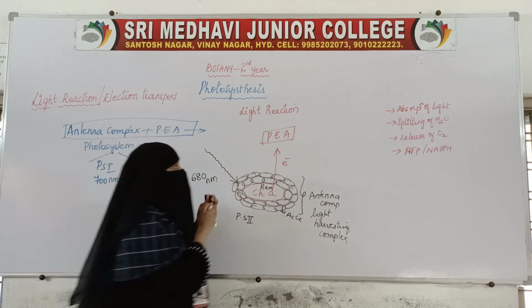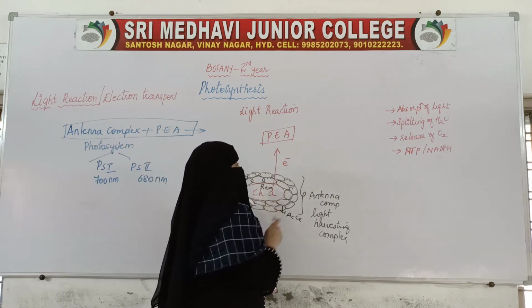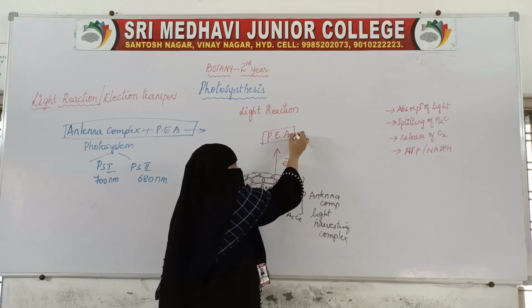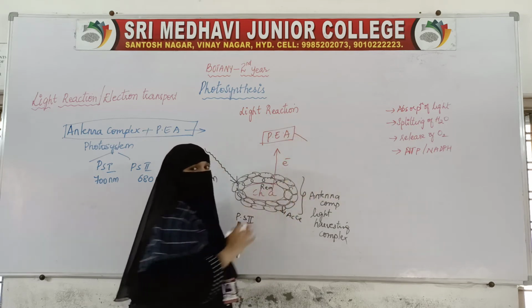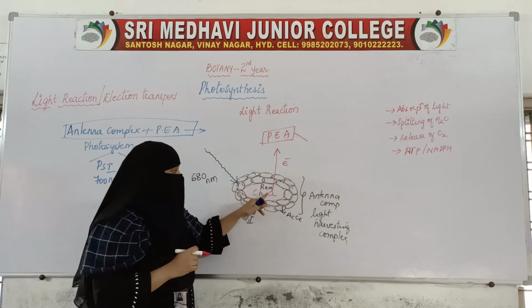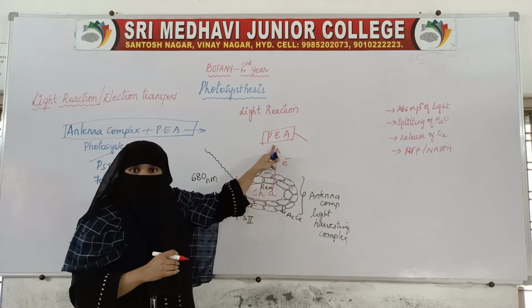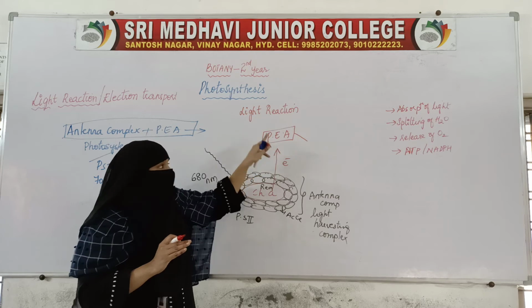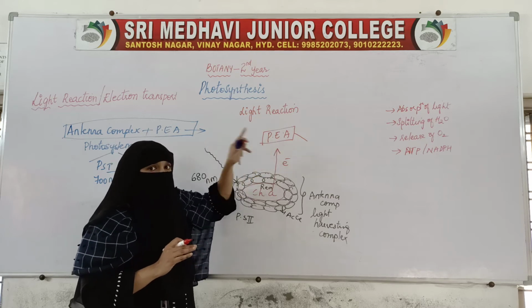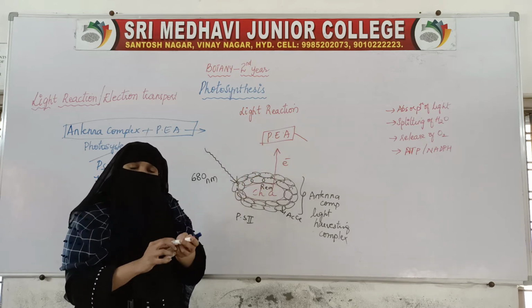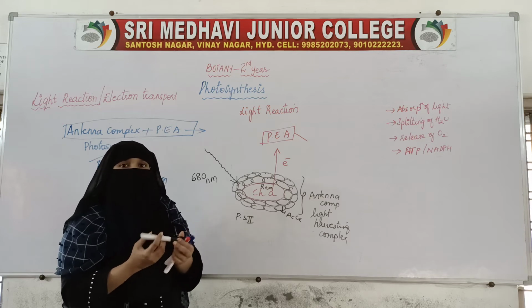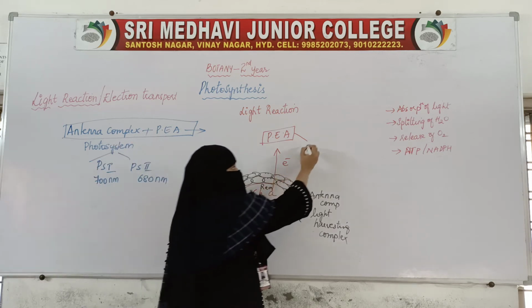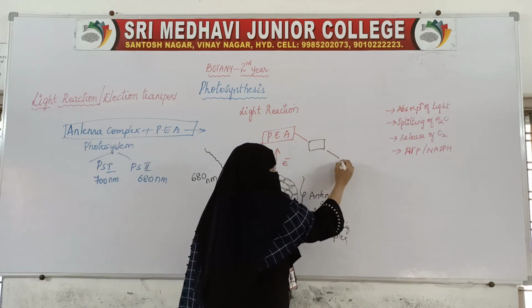From here the electron is passed on. It won't stay here. From this primary electron acceptor, it moves on to different electron acceptors.